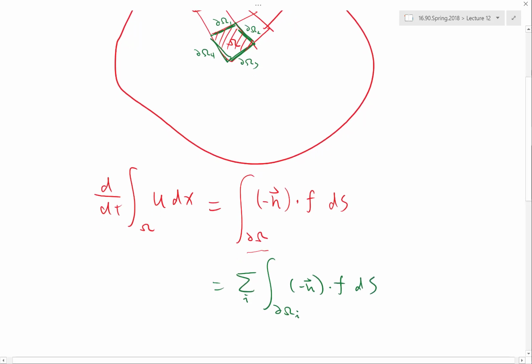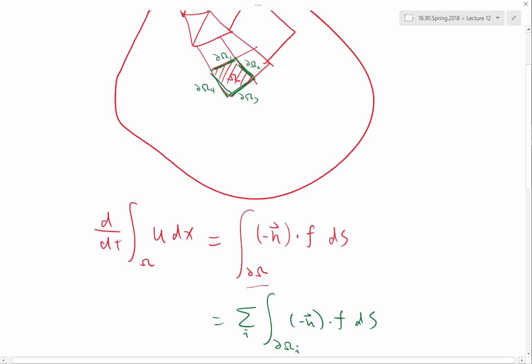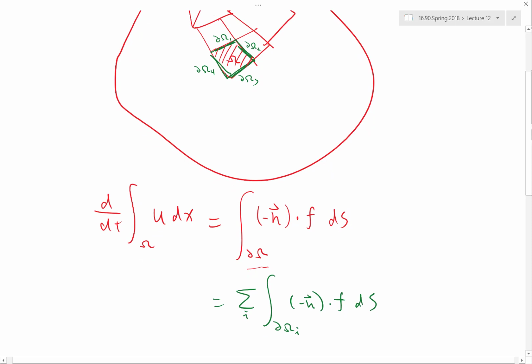So basically, no matter how many neighbors it has, no matter how many pieces I have to split its boundary, I can always write the contribution from the boundary as a summation over all its neighbors, and the integral over the part of the boundary that is shared by this cell and one of the neighboring cells.